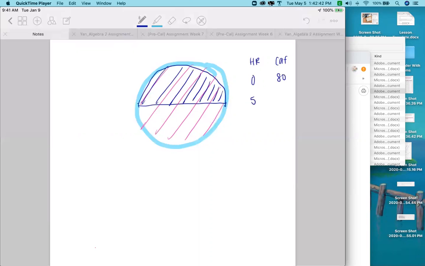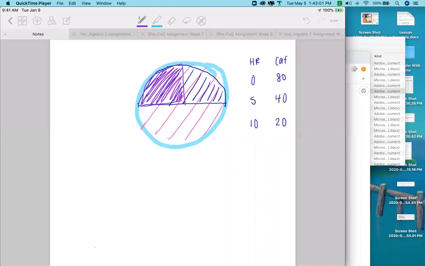And then after another 5 hours, we're going to take half of that, which is 20. So we're going to do half of this. And then after another 5 hours, there's going to be half and half and half like that.